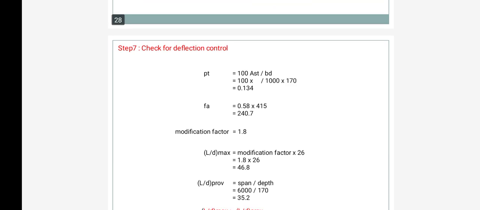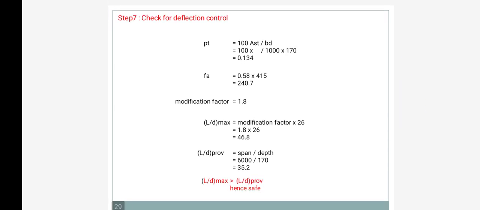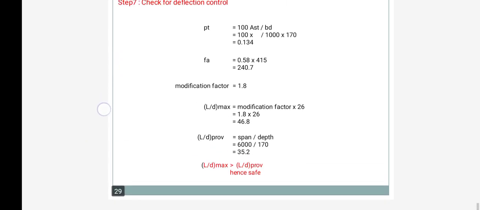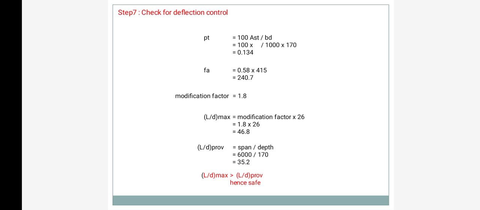And finally check for deflection control. Pt is equal to 100 Ast divided by b into d. Pt is nothing but percentage of steel, 0.134, and modification factor value 1.8. Then finally L by d maximum is equal to modification factor into 26, where 26 is the basic value.